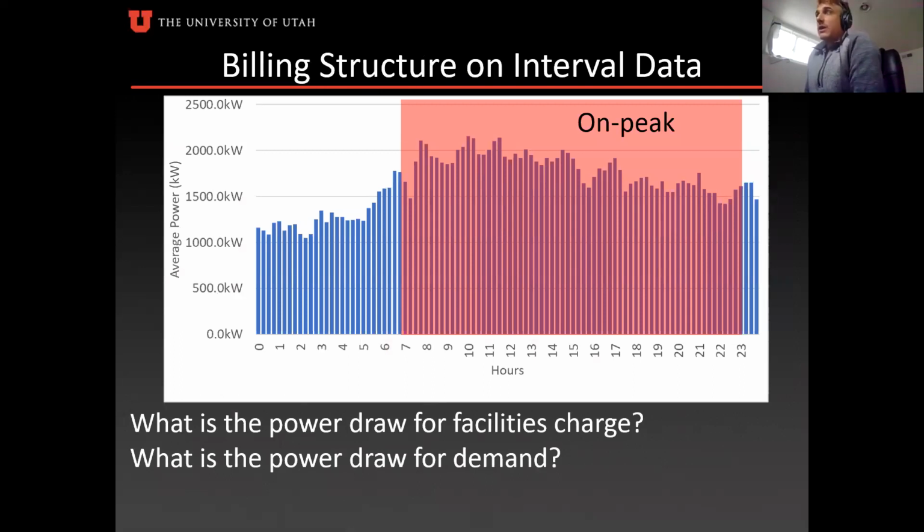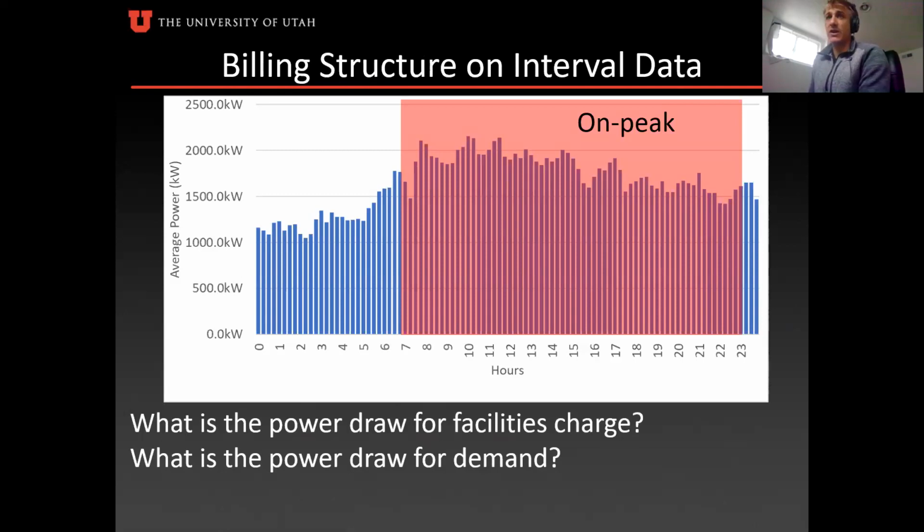All right. So now this is kind of thinking a little bit in terms of minimizing bills. For this facility, this is going back to just one day at a facility with on-peak hours shown in the light red. You can see that the maximum power draw at the facility occurs during on-peak hours.